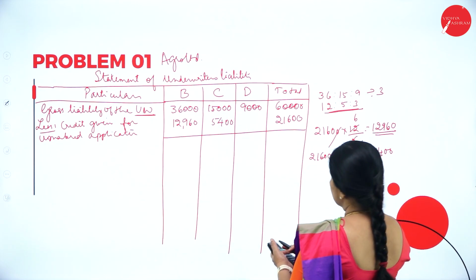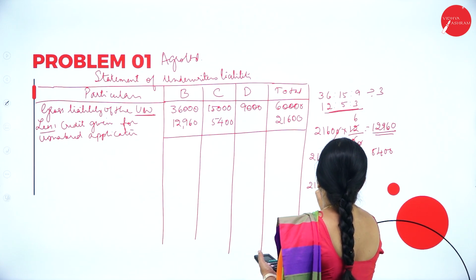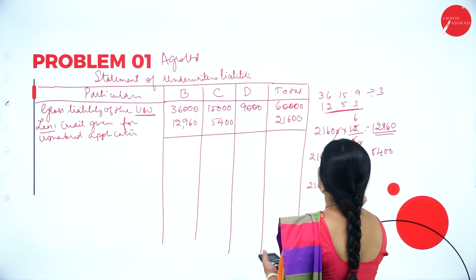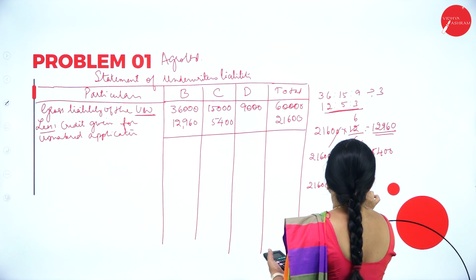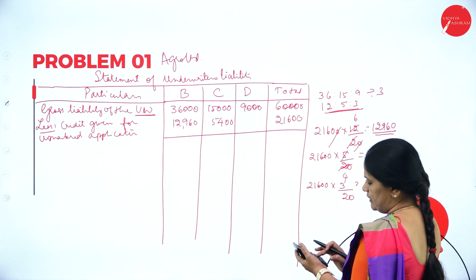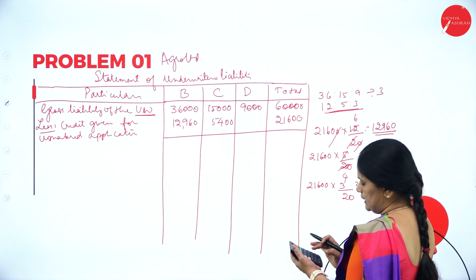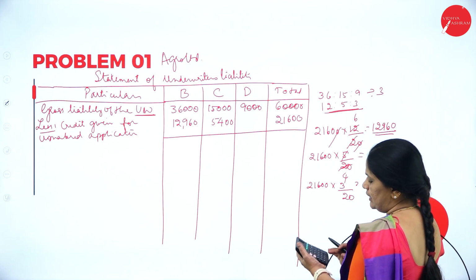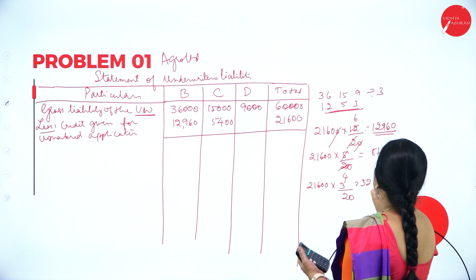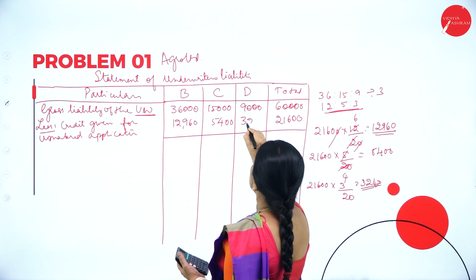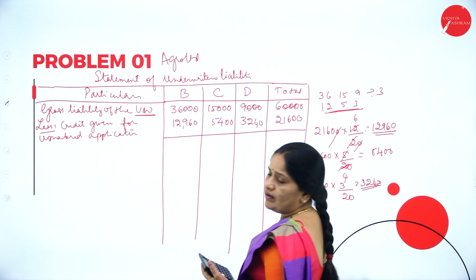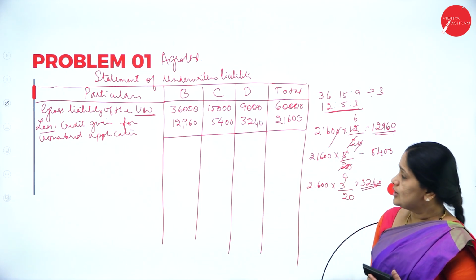And then next will be 21,600 into 3 by 20, which is 3,240. So I write here 3,240.